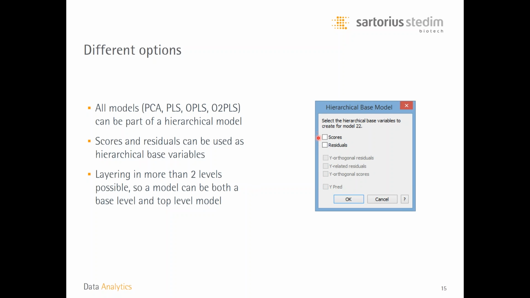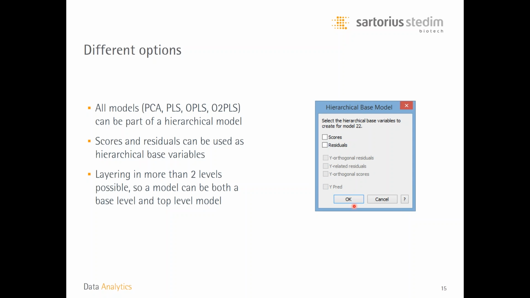In this example, this illustration on this slide, this window arises from a PCA model, PCA base level model, meaning that the only two choices are going up with the scores or the residuals or both. If you are working with OPLS and AutoPLS models, there will be more choices, and that you will see also in the demonstration.